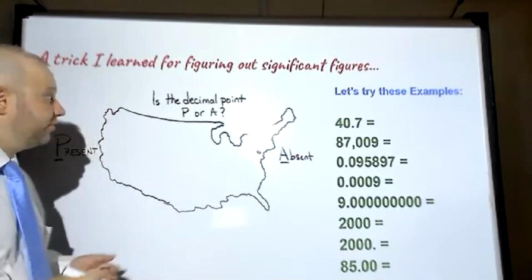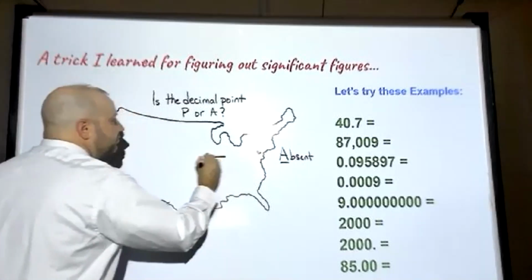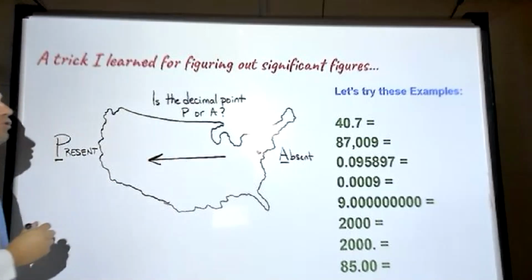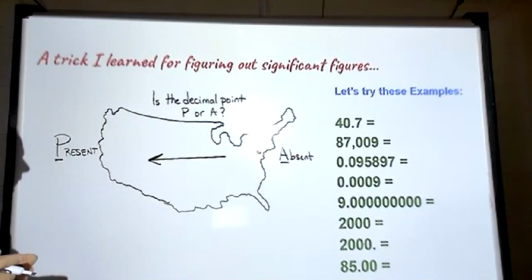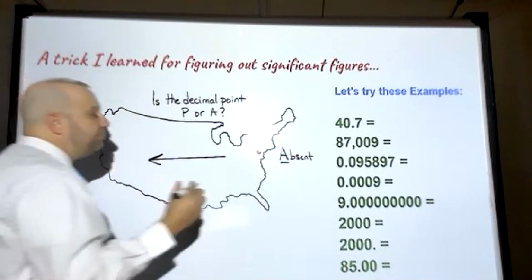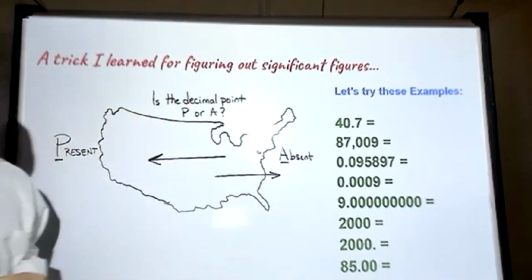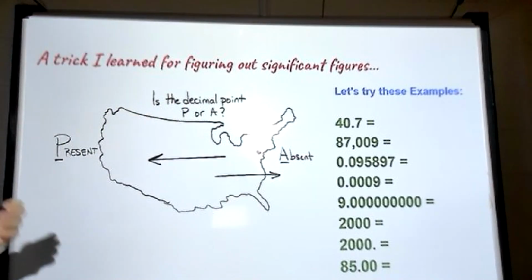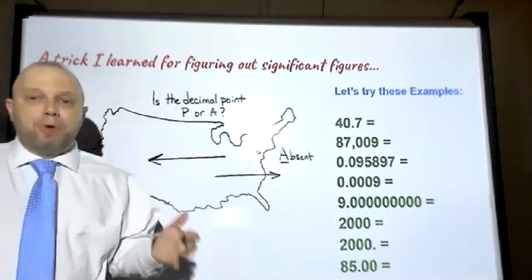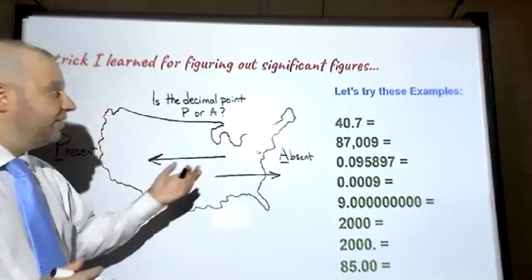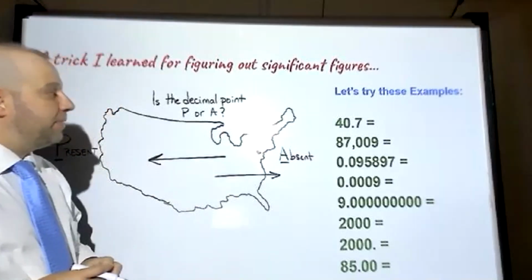If it is present, we're going to count in this direction, and I'll explain what that means. If the decimal point is absent, we're going to count in this direction, towards the word absent. Now, let's take a look at these couple of examples here.